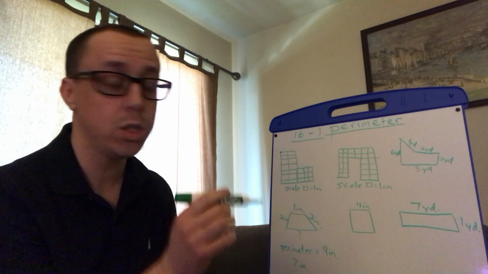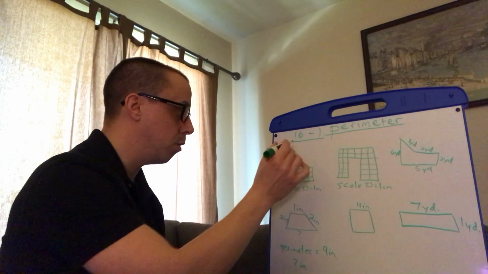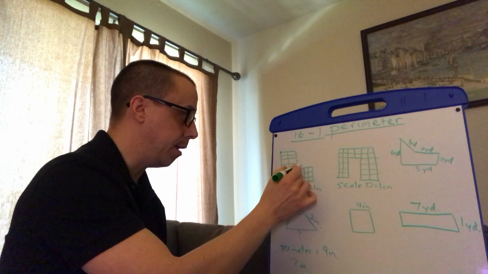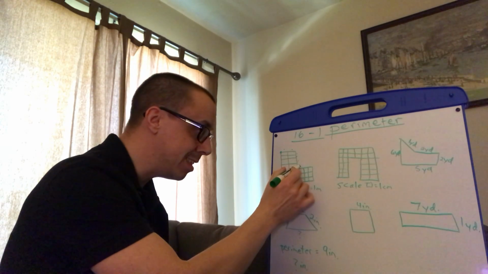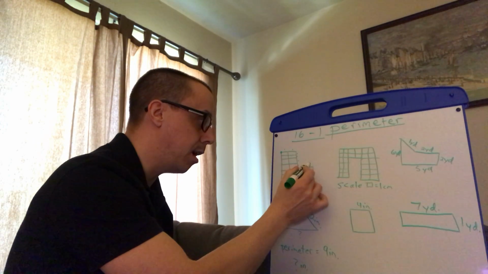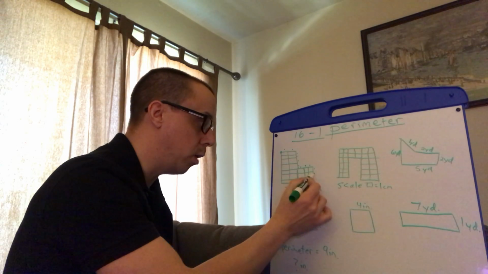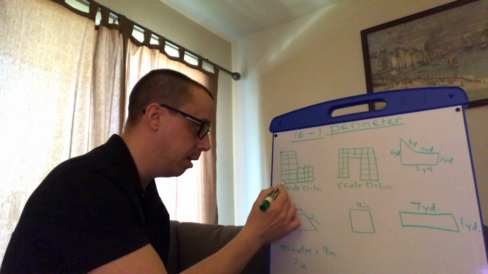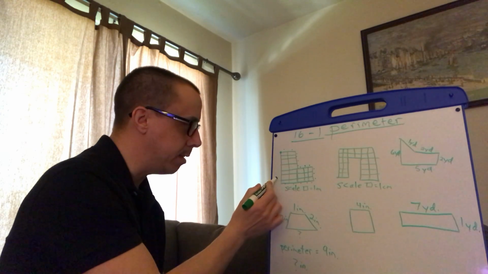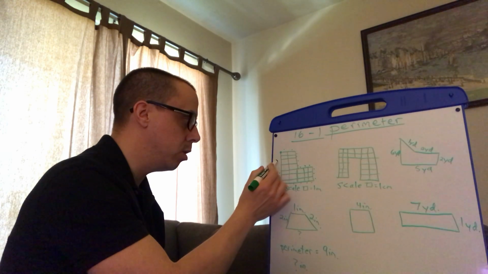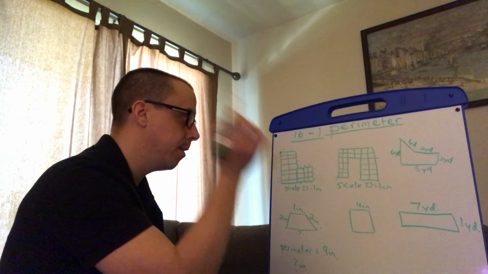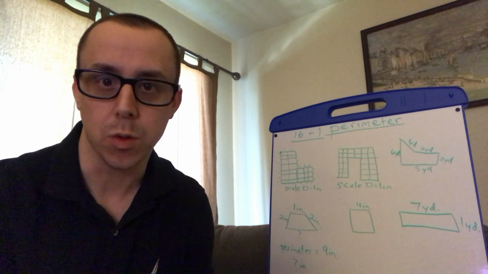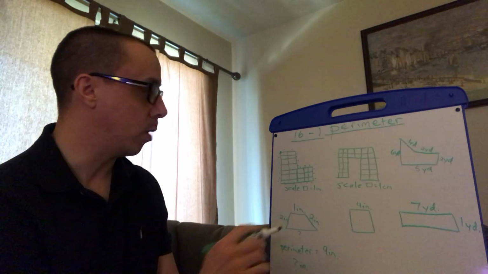So again, we had 1, 2, 3, 4, 5, 6, 7, 8, 9, 10, 11, 12, 13, 14, 15, 16, 17, 18, 19, 20, 21, 22, 23, 24. So the perimeter of this shape is 24.